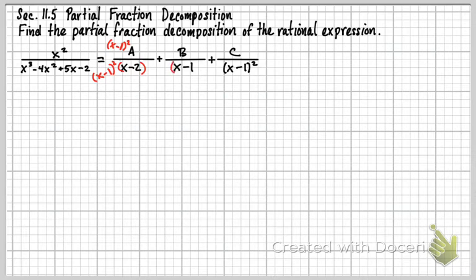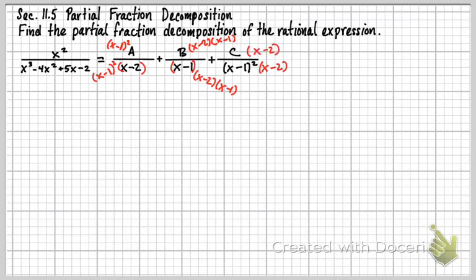And the middle one has an x minus 1, so it's going to need an x minus 2 and an x minus 1. So the top is going to need an x minus 2, x minus 1. Now the third one already has an x minus 1 squared, so all that one needs is an x minus 2. So the top needs an x minus 2.